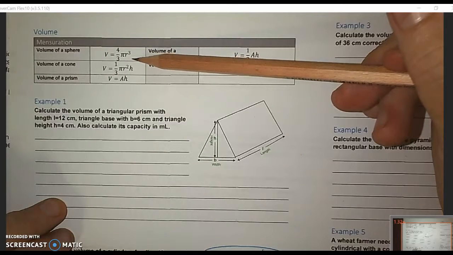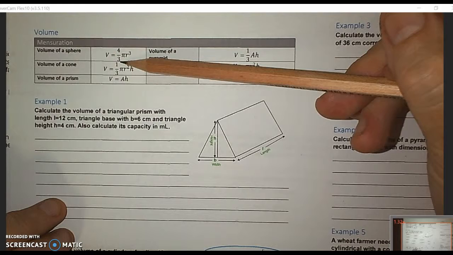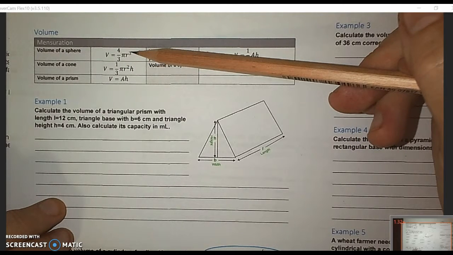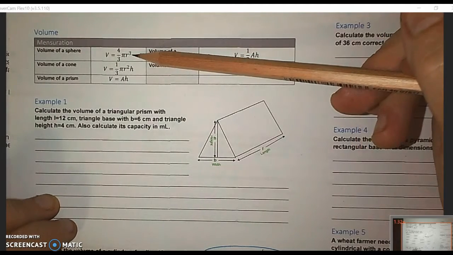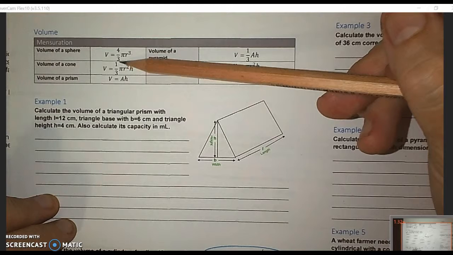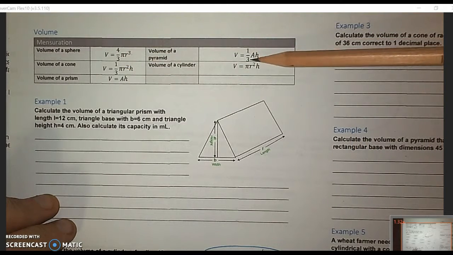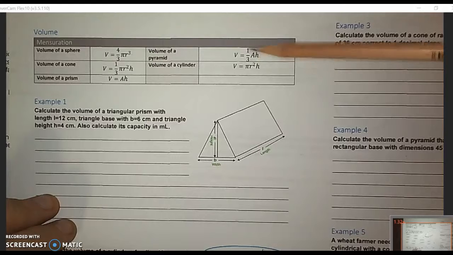So the volume of a sphere is 4/3 times pi r cubed. So if you remember the total surface area of a sphere, it was just 4 pi r squared. So to work out the volume, we divide it by 3. To work out the volume of a pyramid, it's the area of the base times the height divided by 3.